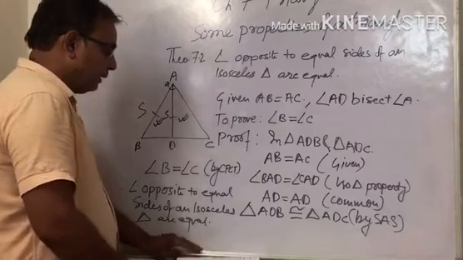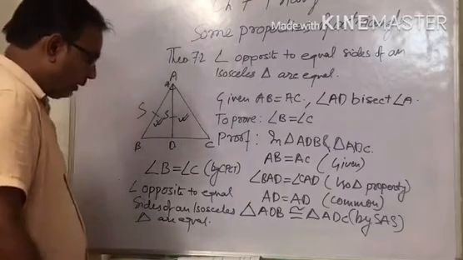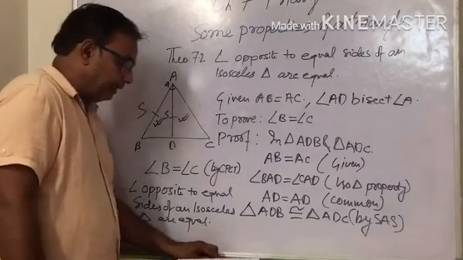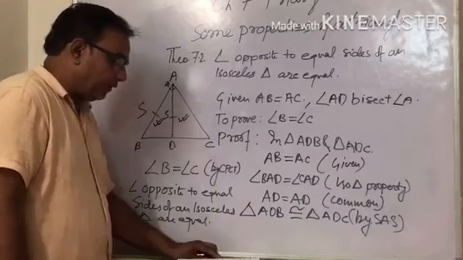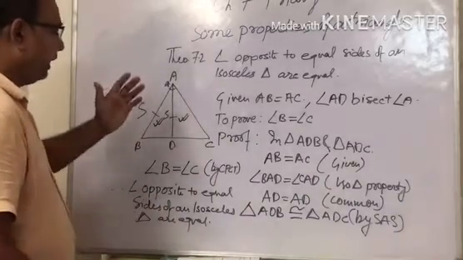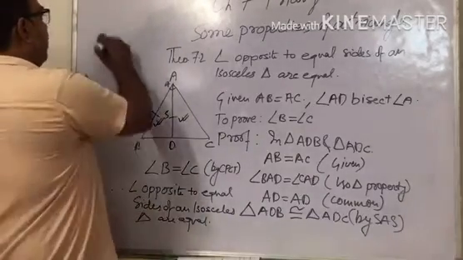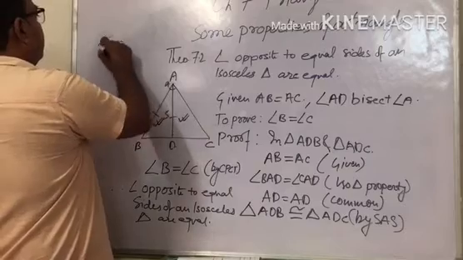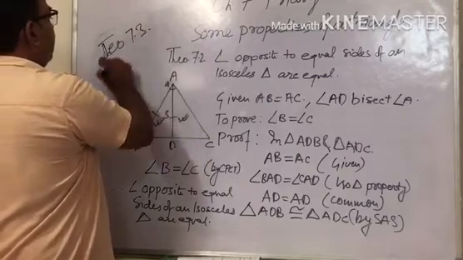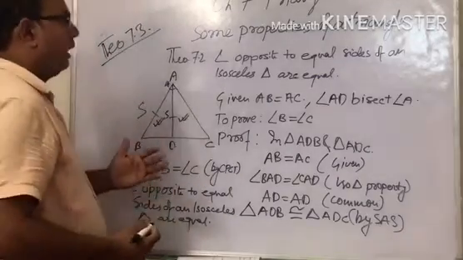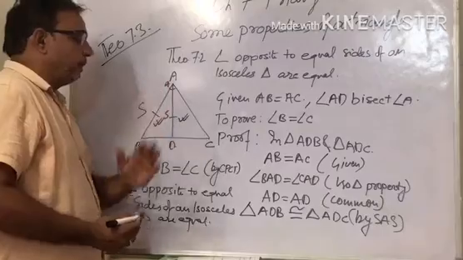Now the theorem 7.3: the sides opposite to equal angles of a triangle are equal. Theorem 7.3 is the converse of theorem 7.2.